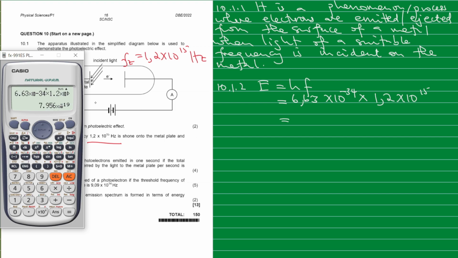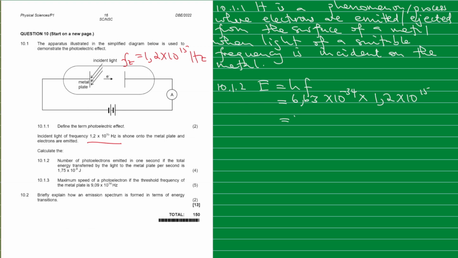I am getting 7.956 times 10 to the power negative 19 joules. So this is the energy of one photon.